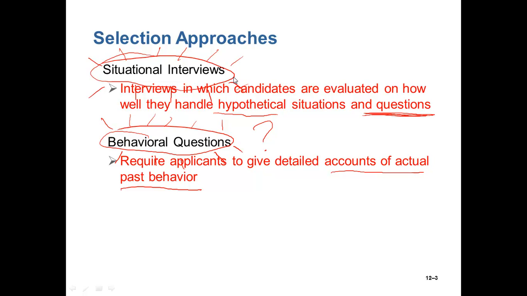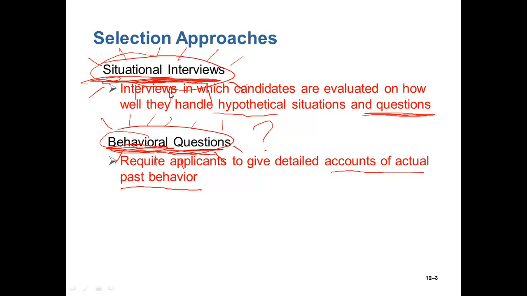Who knows? But they're going to interject their best self with the hypothetical question, at best. With behavioral questions, they're going to give a more honest answer. It's just hard to lie about past behavior.